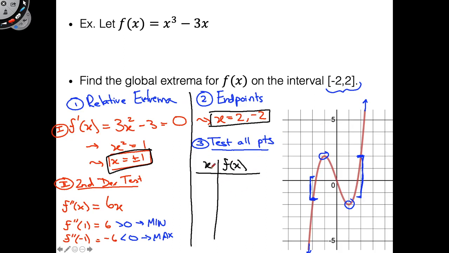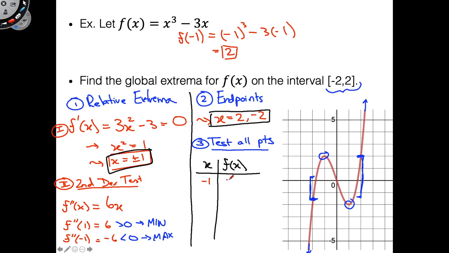Okay, so let's start with x equals minus 1. So f of minus 1 is simply going to be minus 1 cubed minus 3 times minus 1, which is minus 1 minus minus 3, so that's going to be a plus 2.